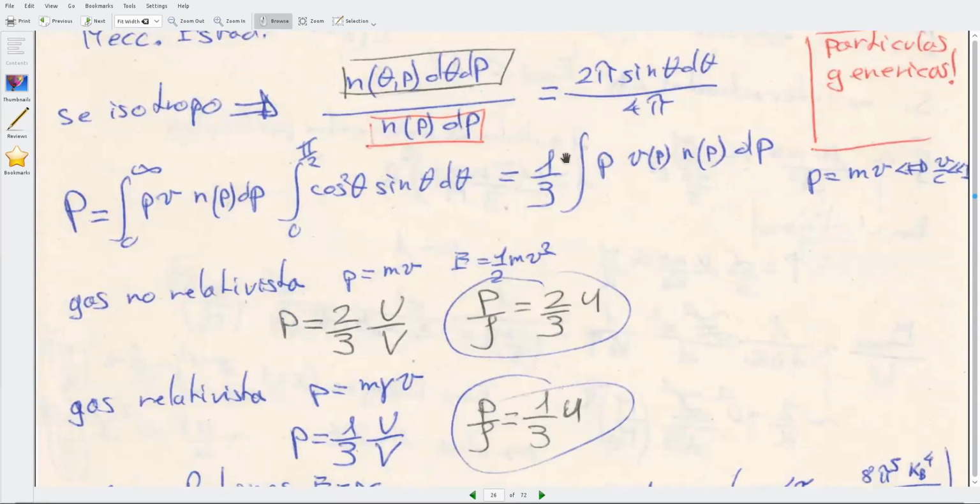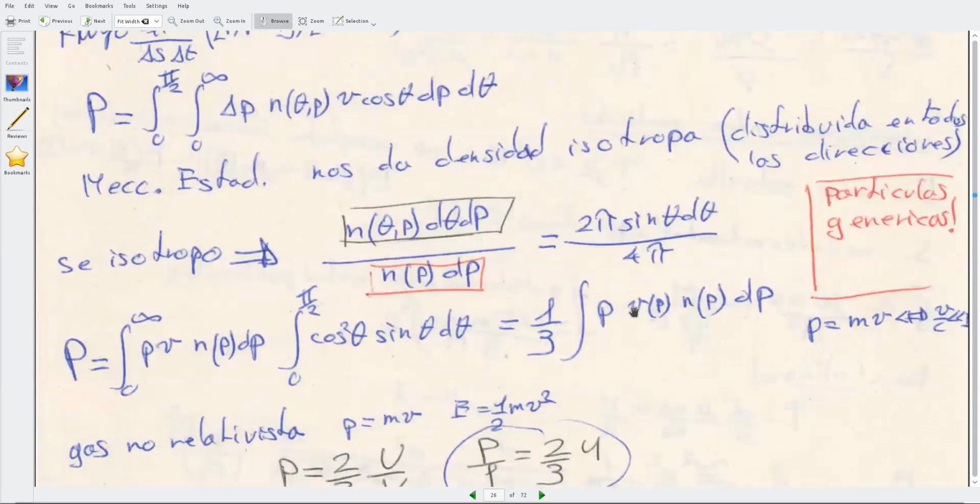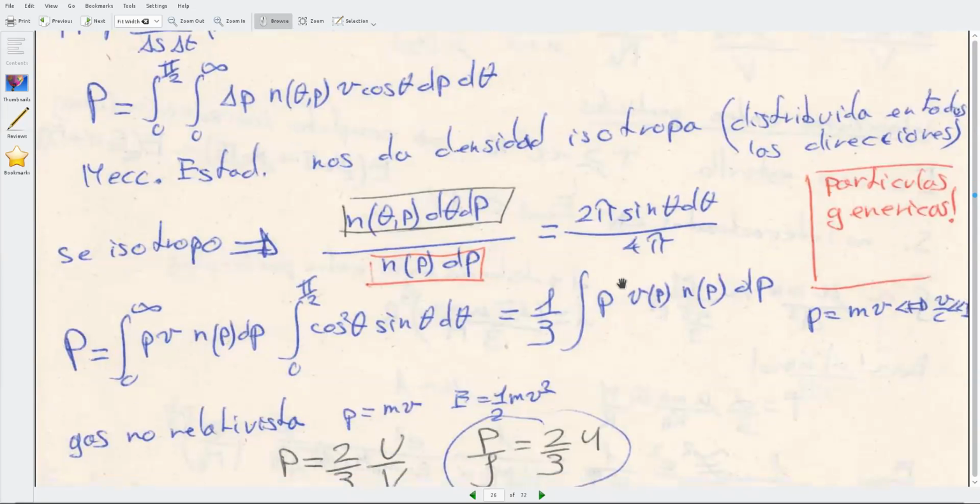But we got a general equation that the pressure of a gas is equal to this value: 1/3 the momentum of the particle times the velocity of the particle. Classically, the momentum is the mass multiplied by the velocity, but you cannot use that because this relation is just valid when it is not relativistic. When relativistic, it changes. And the number of particles with a certain momentum is given by the statistical distribution we saw before.